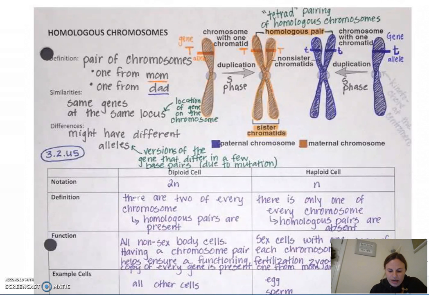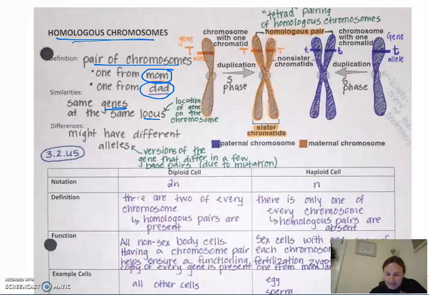Another worksheet to recap homologous chromosomes. They are a pair of chromosomes where I get one from mom and one from dad. Each one of these chromosomes contain the same genes at the same locus or loci, as we saw earlier, which just refers to the location of the gene on that chromosome. The big difference is that they might have different alleles.